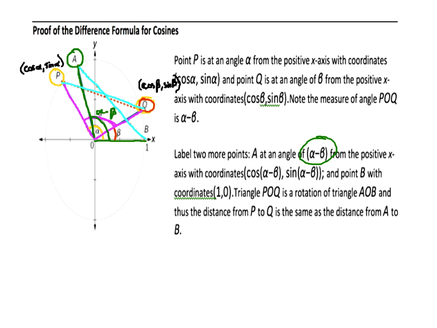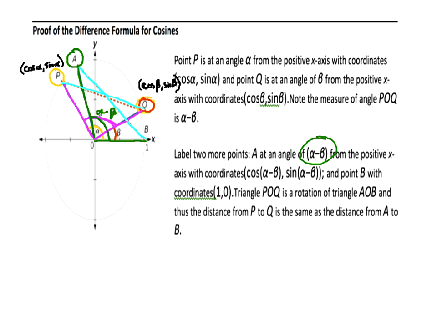So we'll prove the cosine difference formula, and then we won't prove the other ones that we're going to use because the same method of proof is used for all the others as well.